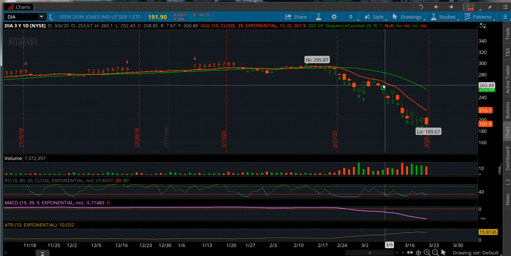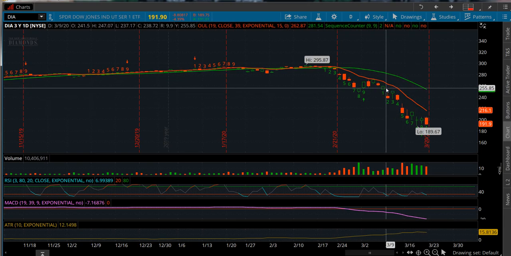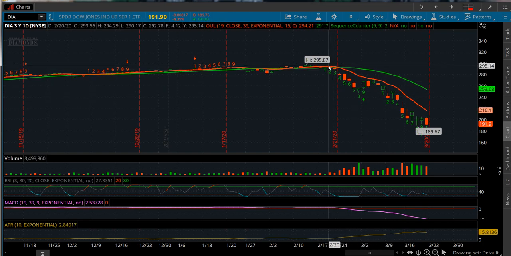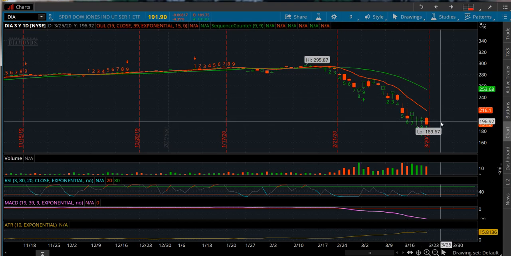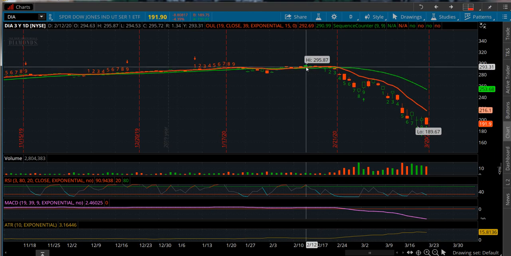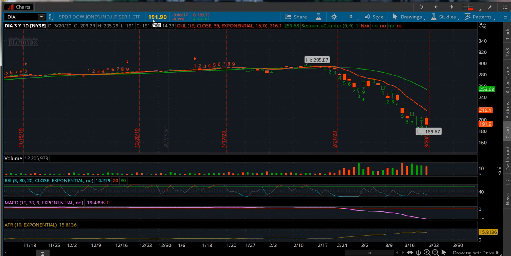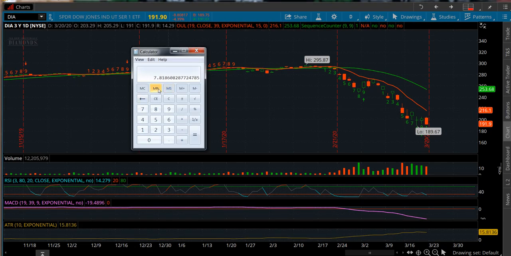It gets above this resistance, gets above this resistance, and say with the Dow Jones, you could be in the trade for weeks, months, depending on what happens in the overall market. Okay, so say it gets up to this high, 295.87. We're at $191. Okay. Now keep in mind you're only risking $200.